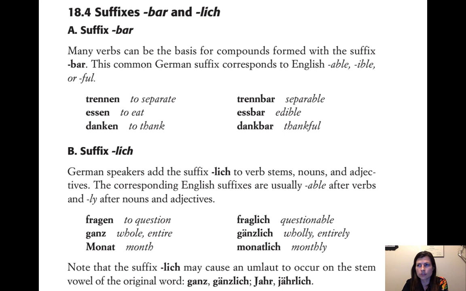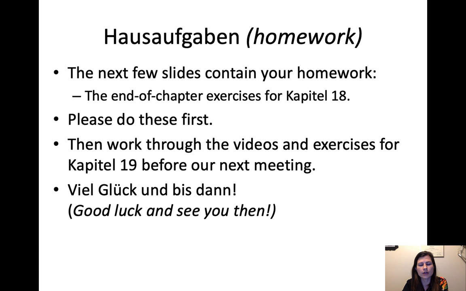We do this in English too when we get something like serene, serenity. Serene has an E sound, and then we add the suffix ity, and it changes the way that vowel sounds. Serene, serenity, changes the vowel. Jahr, jährlich, ganz, gänzlich. Okay, so now we have your end of chapter exercises for Kapitel 18.